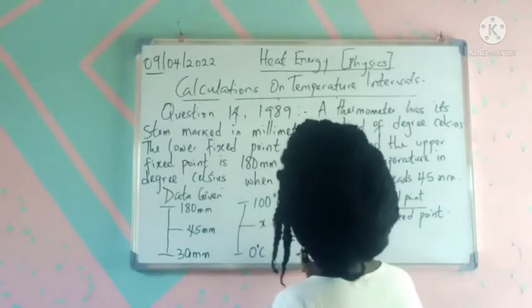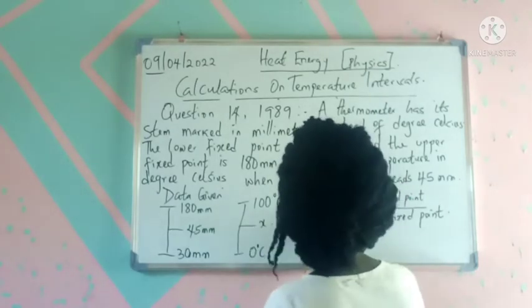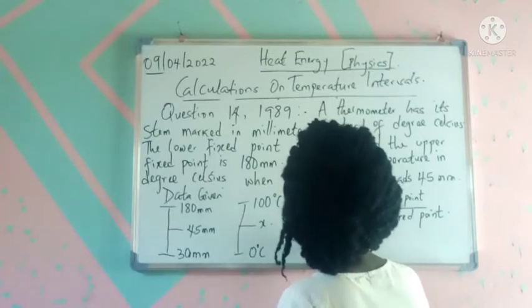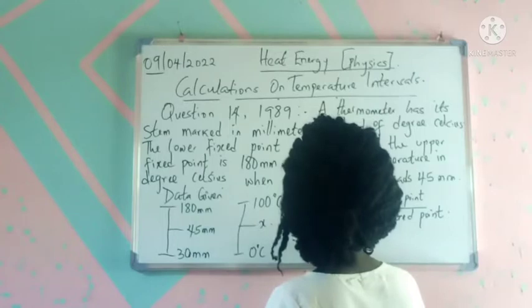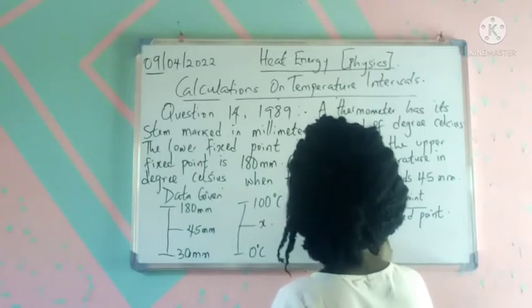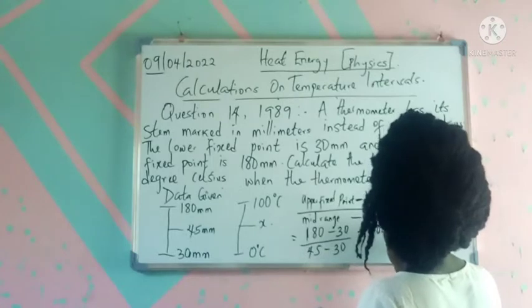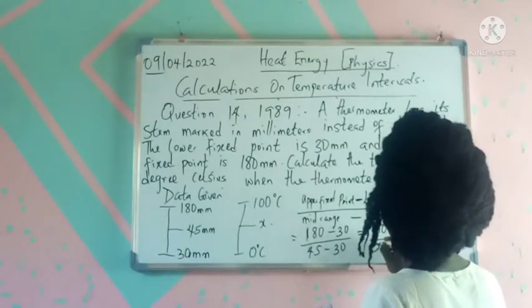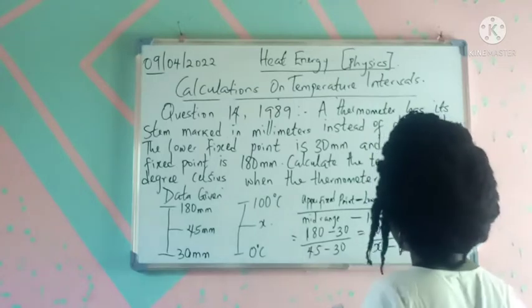So this will give us 180 in this case minus 30 over 45 minus 30, and it should be equal to, same applies here, 100 minus 0 over x minus 0.